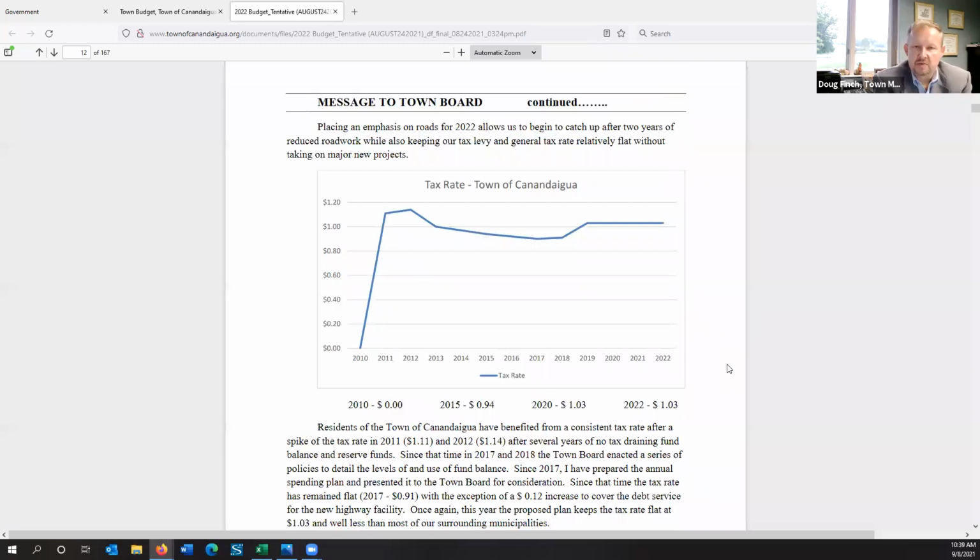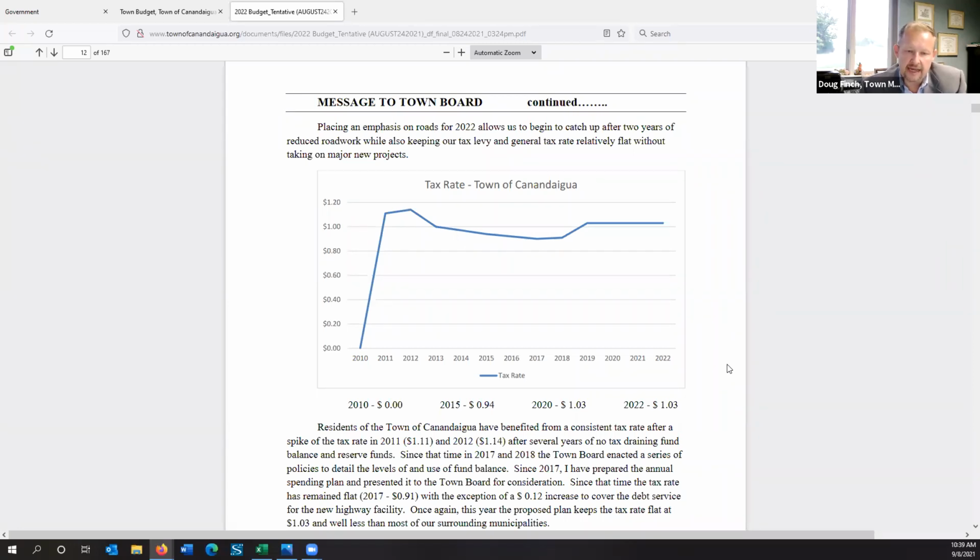I want to touch on the tax rate. A lot of attention gets paid to the tax rate. That's the $1.03 per thousand I was referencing earlier, and that really determines the amount of taxes you end up paying specifically for the general operations of the town. This chart shows what's been going on the last 12 years with the town of Canandaigua tax rate.